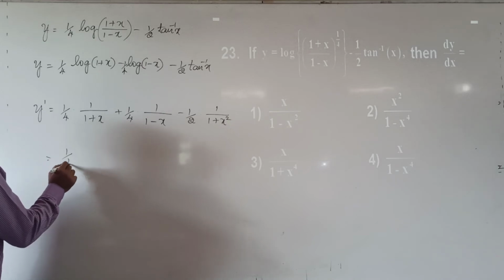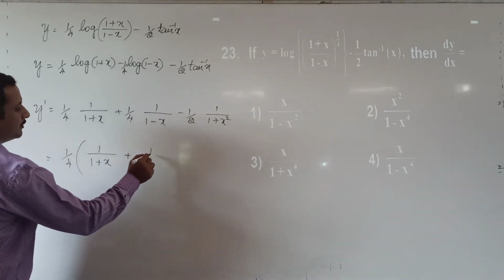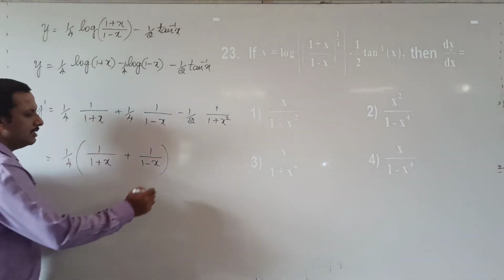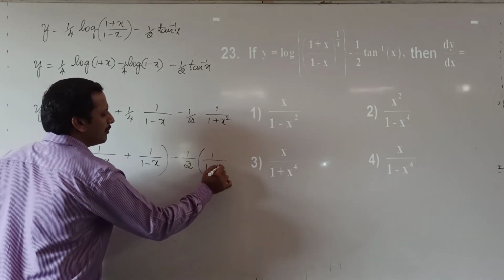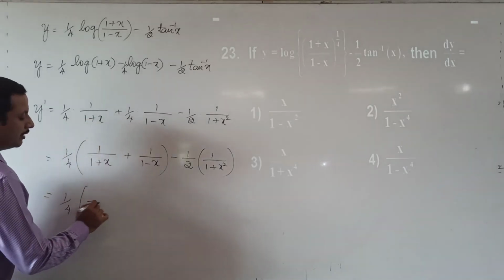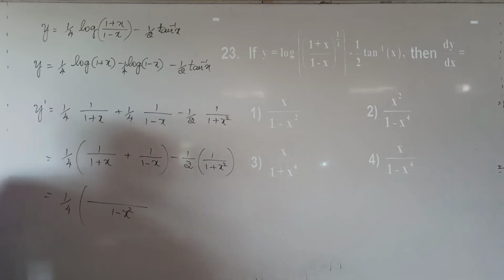Okay. I will take 1 by 4 as a common factor between these two. 1 by 1 plus x plus 1 by 1 minus x minus 1 by 2 into 1 by 1 plus x square. Take LCM here, 1 plus x into 1 minus x, that will give you 1 minus x square.